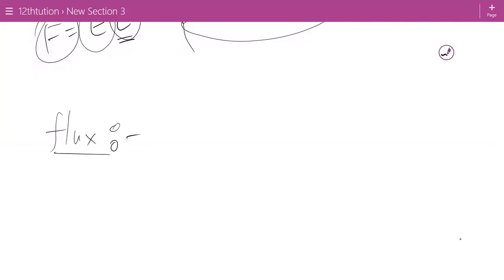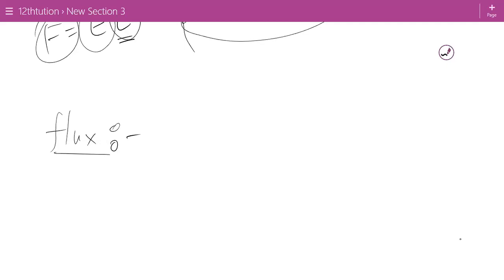No? Then the number of lines passing through some surface, very good. So flux basically tells you how many field lines are passing through a particular surface. Okay, that is what the flux is.